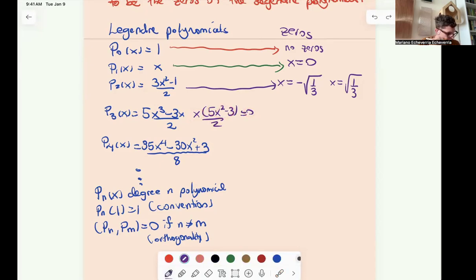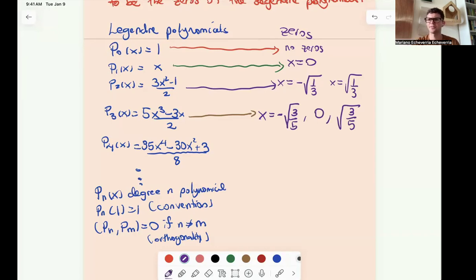And from here, you'll get that x has to be minus root of 3 over 5, or 0, or root of 3 over 5.